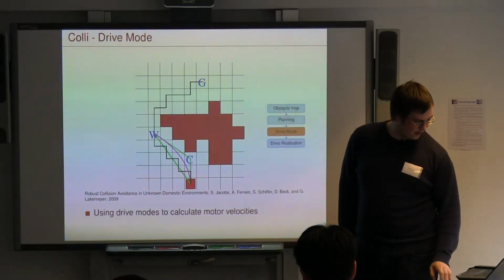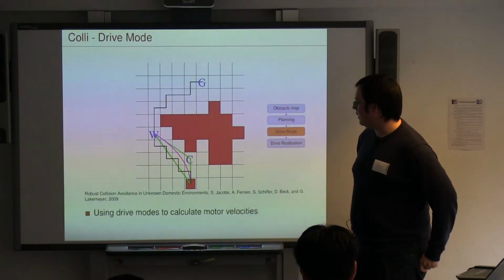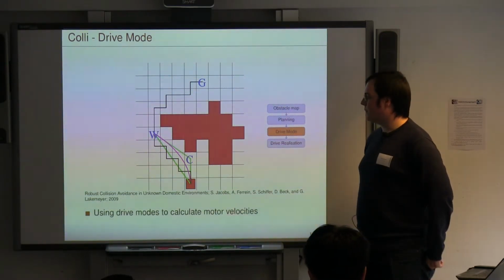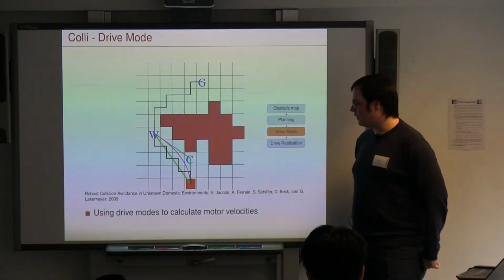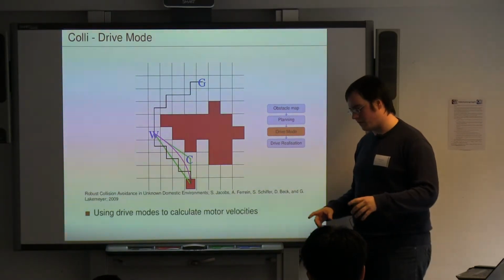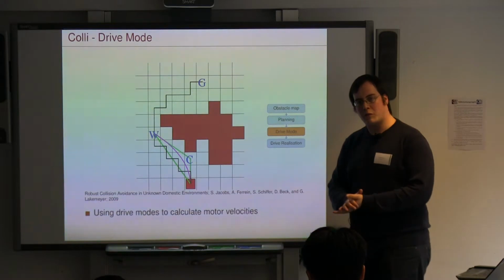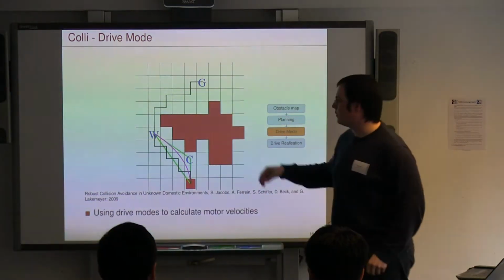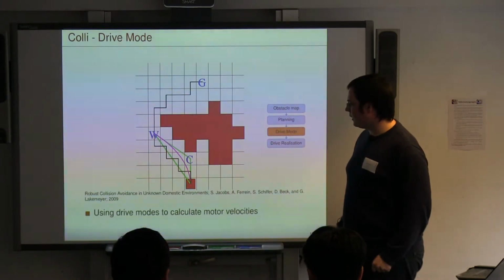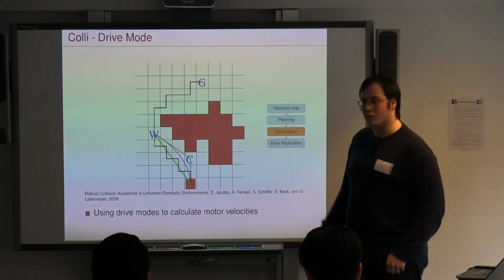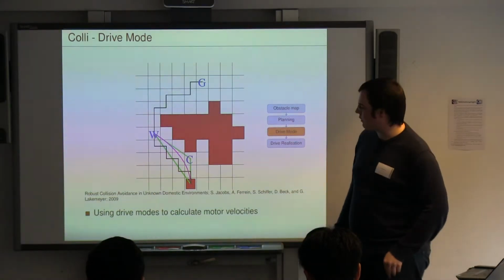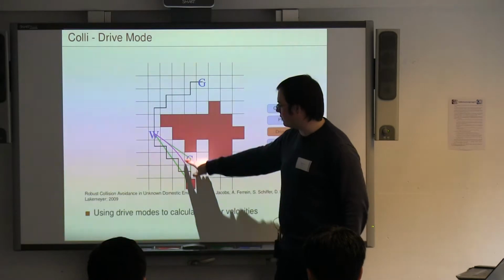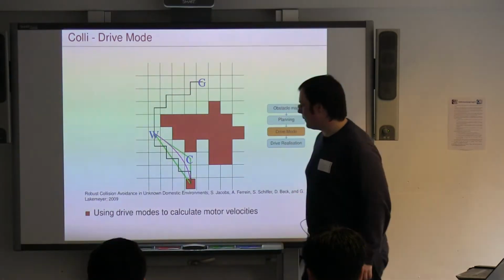So we then go to the drive mode, and in the drive mode we try to find, with the characteristics of our robot, a way to drive to this position without colliding with the obstacle. This graphic is from a robot with differential drive, so they have these curves they want to follow.